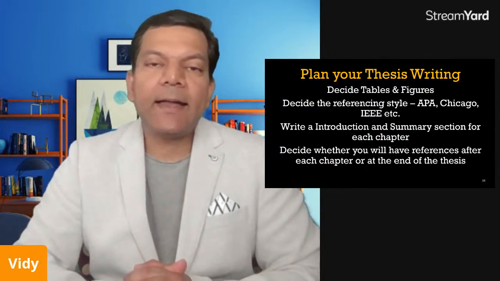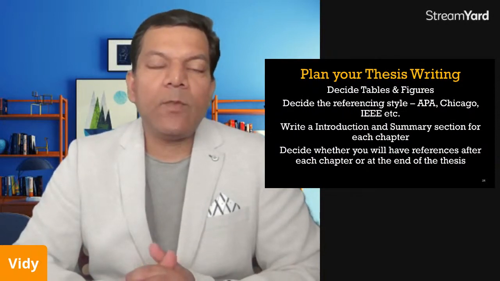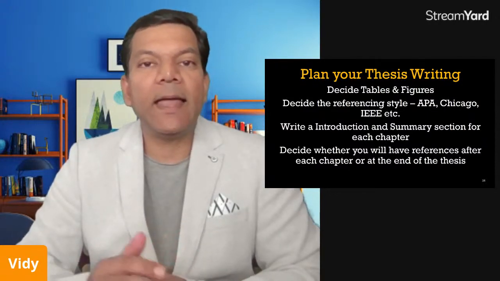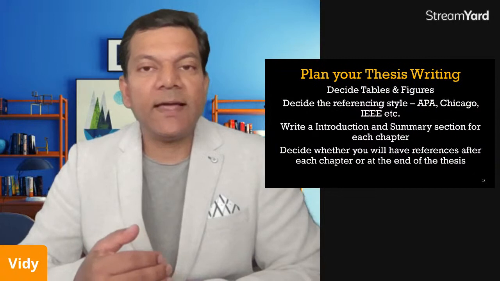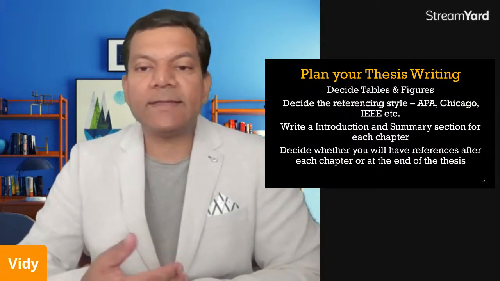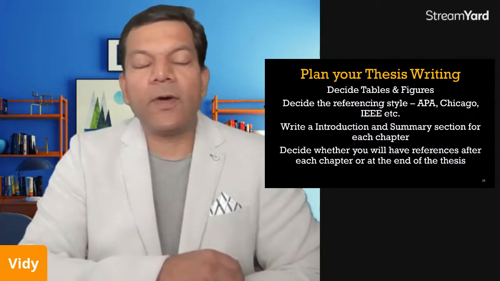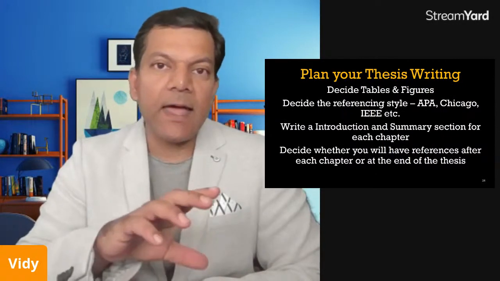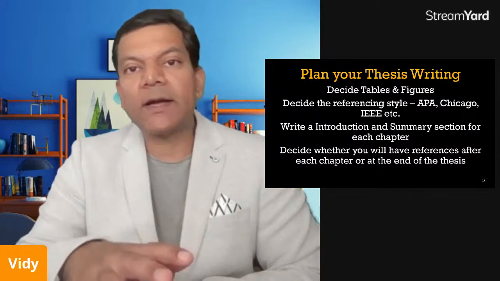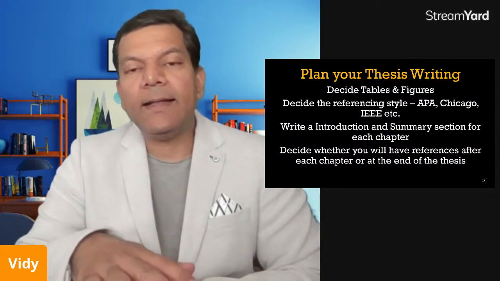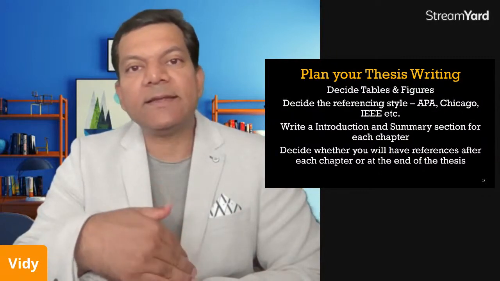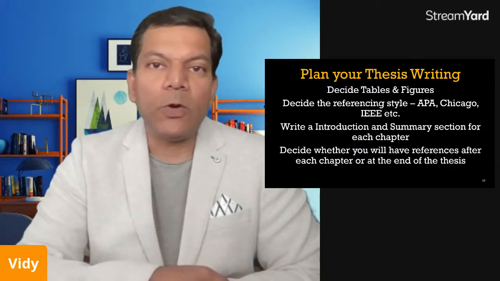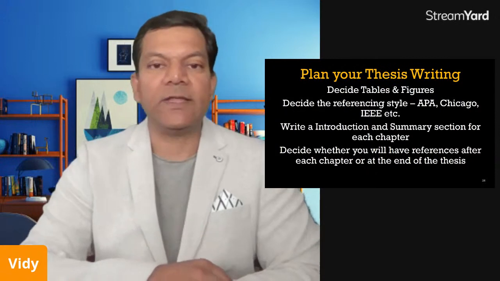So it could be that in this chapter, I am going to talk about the following things. You can either make it dot points, so it is very clear and crisp, or you can write it in a paragraph format. But start every chapter with an introductory section, so it is like a structure for your chapter, and the reader can know what to expect when they are reading your thesis.